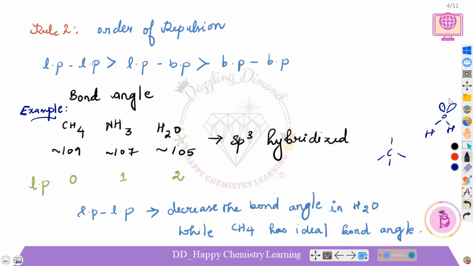So due to this repulsion you have a smaller angle compared to CH4, because these are all bond pairs. So this will be approximately 109, and here you will have approximately 105.